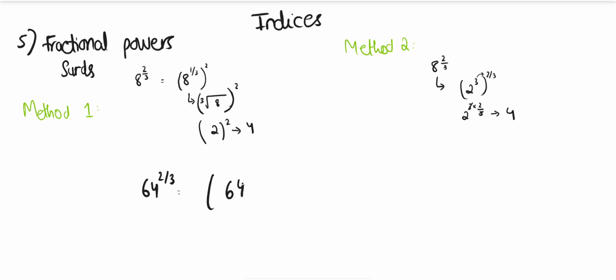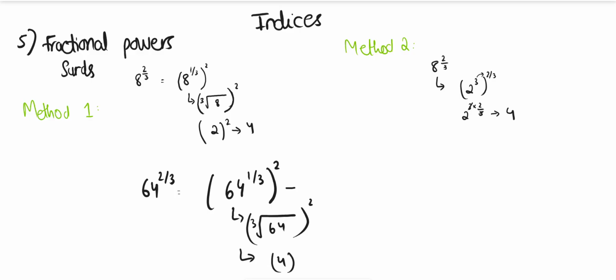We're going to be making another bracket. 64 will be a part of that bracket, and we will be having 1 by 3, and we will square it. Now, that student knows one thing for a fact, that 64 raised to the power of 1 by 3 can also be written as cube root of 64. That will be whole squared. And cube root of 64 is? No, it's not 8. Yes, it's 4, absolutely. So 4 squared.